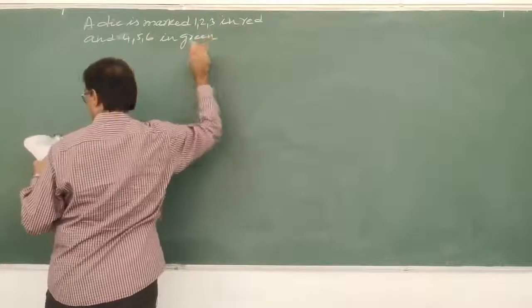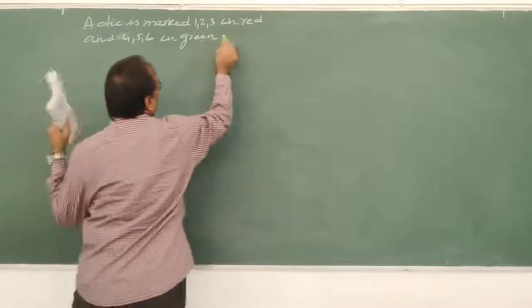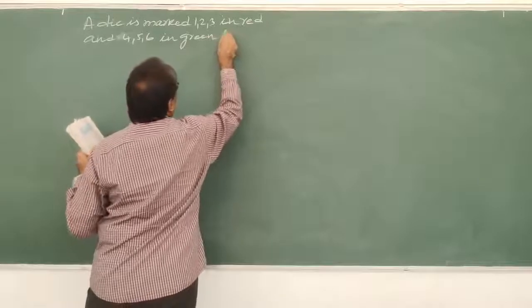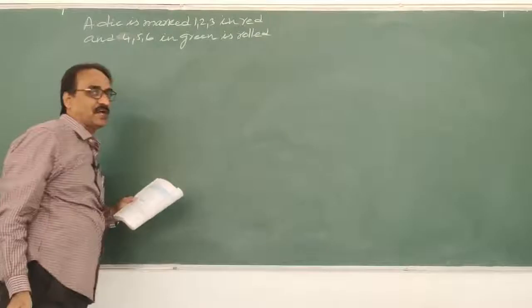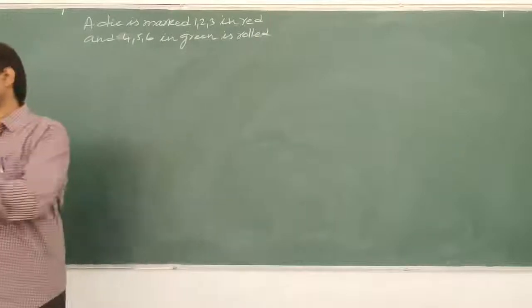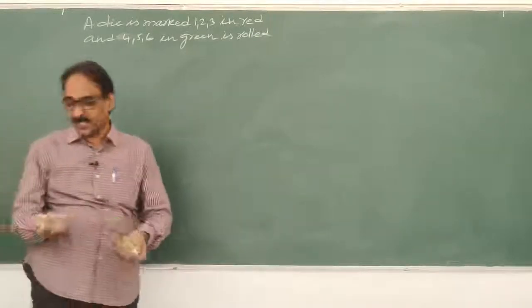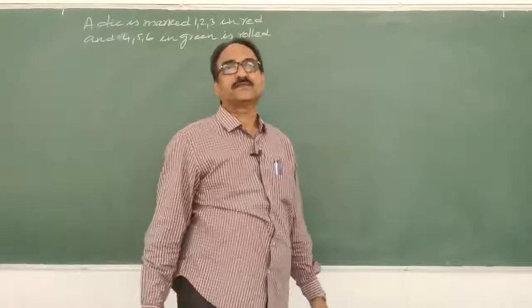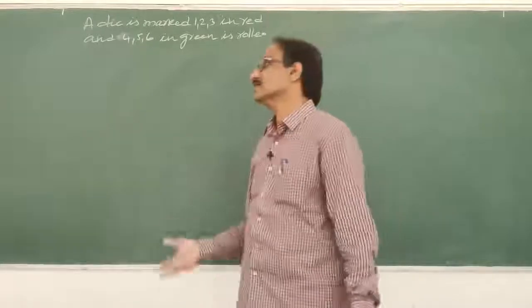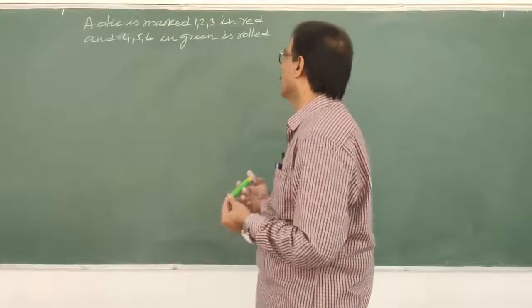Now the die is rolled. Toss we cannot use; for a coin you can say toss. For a die it is better to say roll, because a die we roll and a coin we toss. That's why instead of saying die toss, it is better to say rolled.